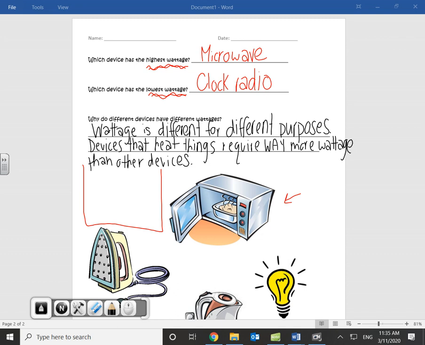And the purpose for this is when someday you have your own home, or even in your home now with your parents, you can calculate, okay, so our fridge is using up, let's say, what was our fridge using up? 5.76 kilowatts. So that's not too bad because we need our fridge.